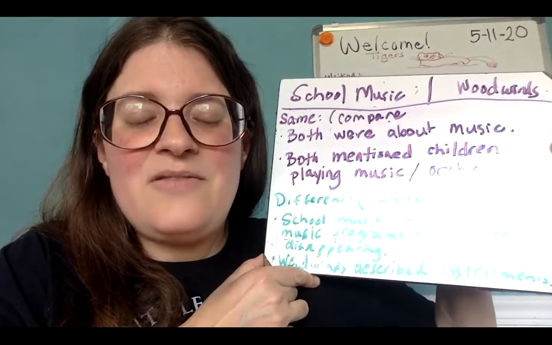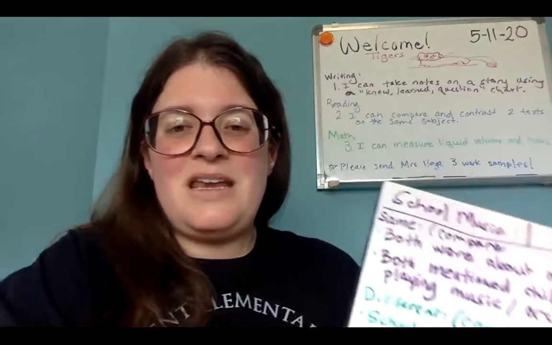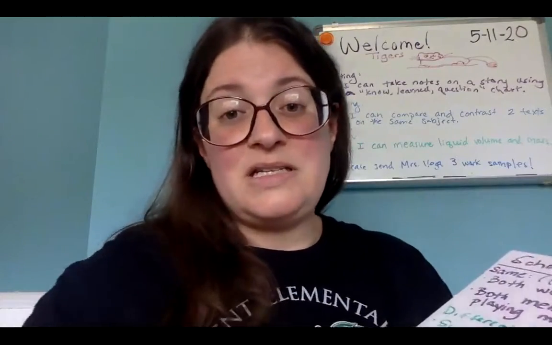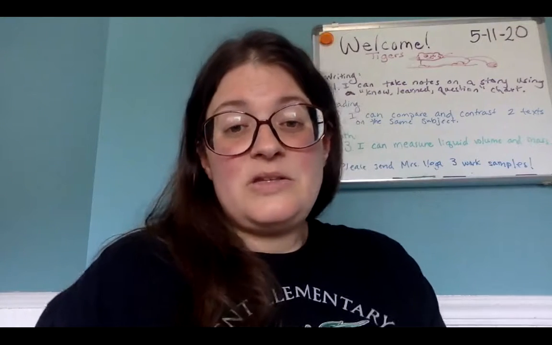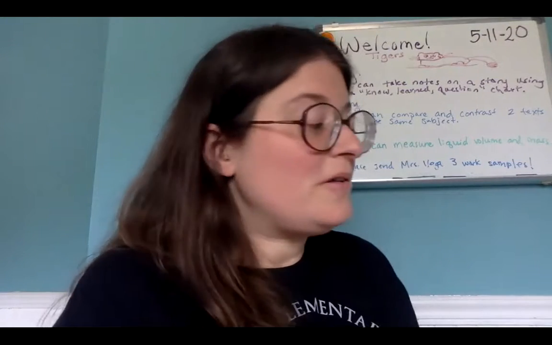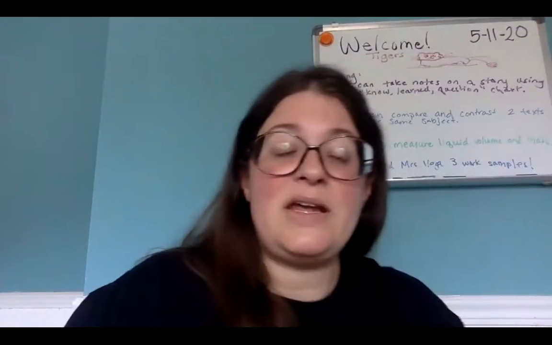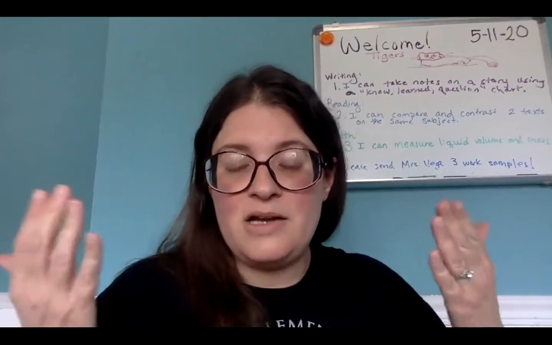And I found it really interesting to read, and I think that it was very detailed. And it was detailed in a way that the school music program article was not. So that is one way you could think about comparing and contrasting two articles about the same subject.